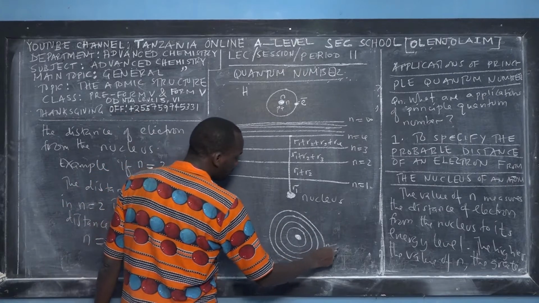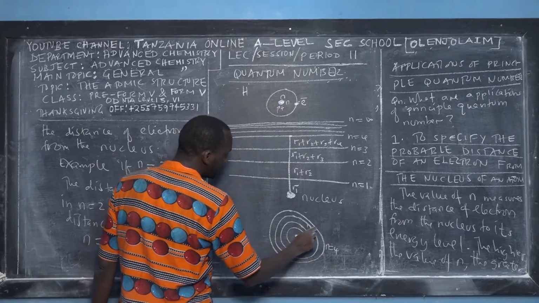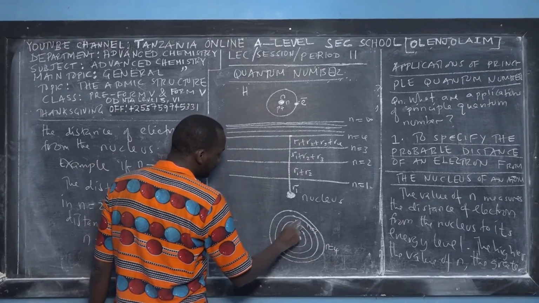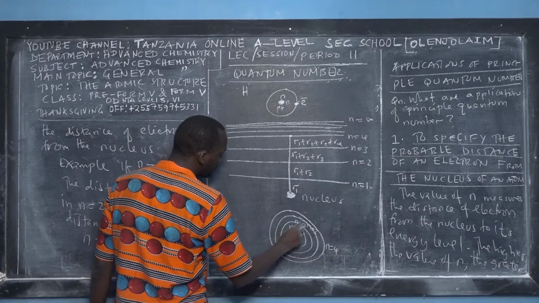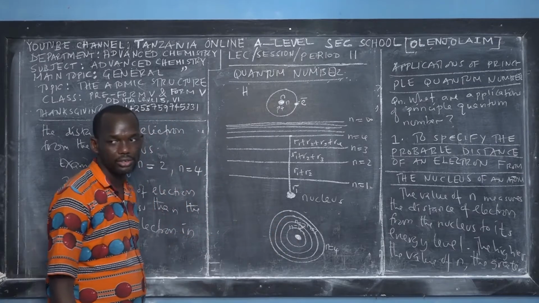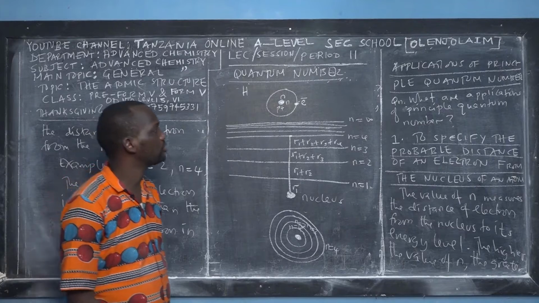So this is n equals 4, here we have n equals 3, here n equals 2, here n equals 1. So it is circular in structure, right? So that's the meaning of principal quantum number.